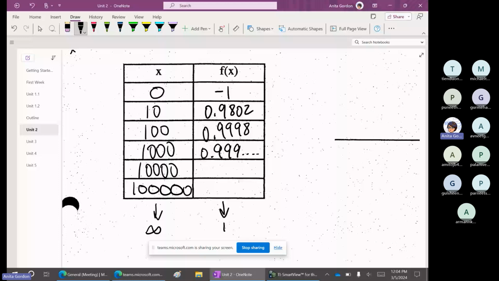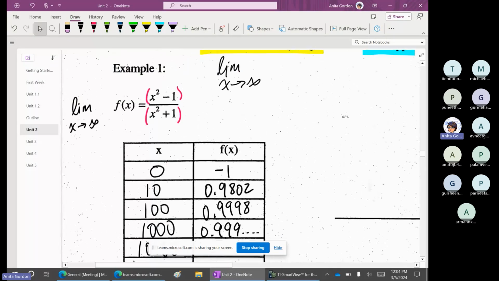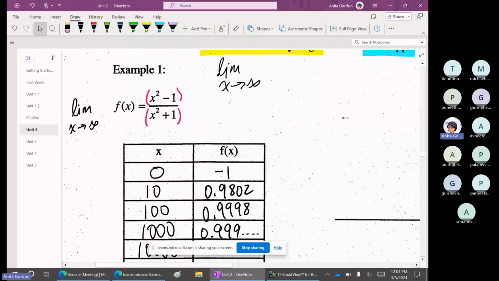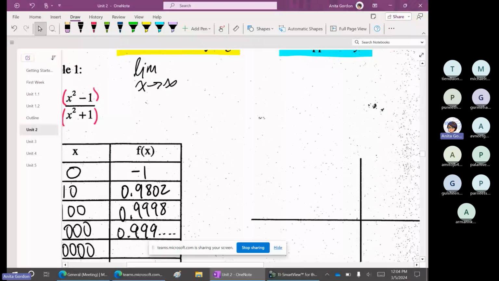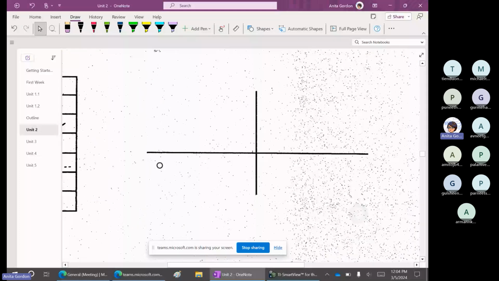Now, this is a symmetric graph. Notice that I have an x squared. These are x squareds. So I'm looking at a function that kind of looks like this. And of course, you can use your graphing calculator to test this. At x equals 0, my y-intercept is negative 1.